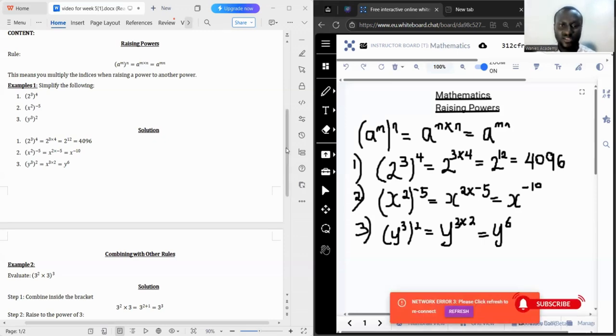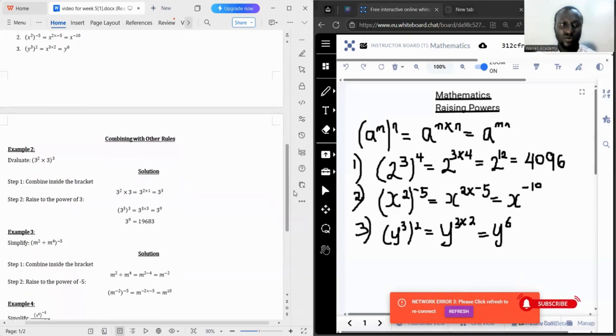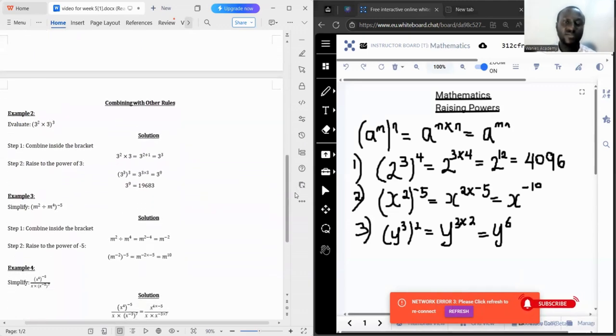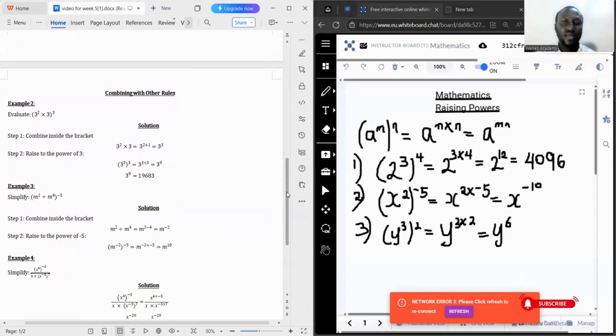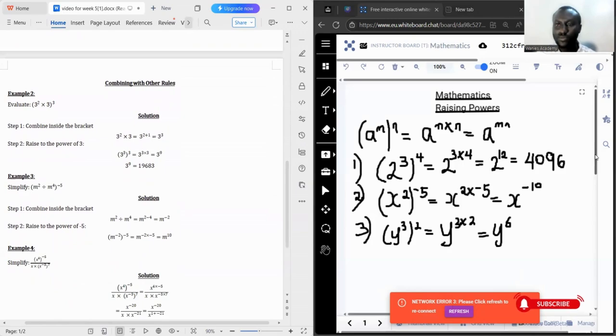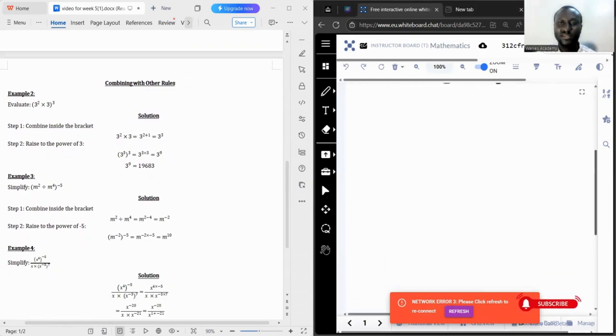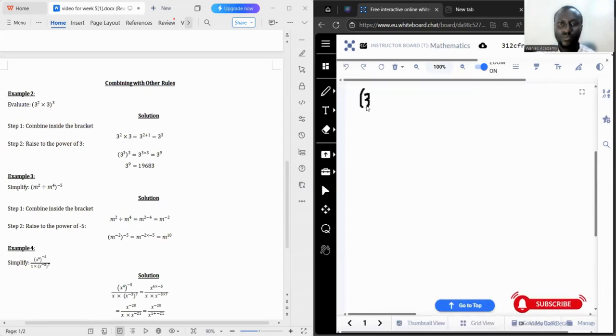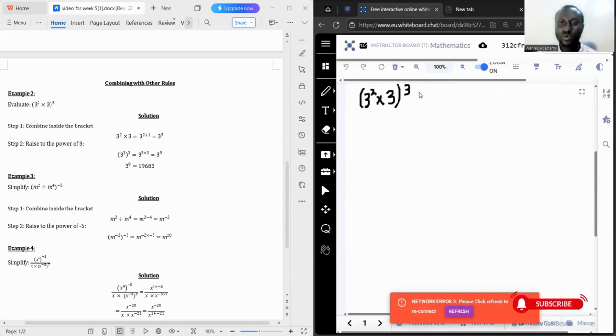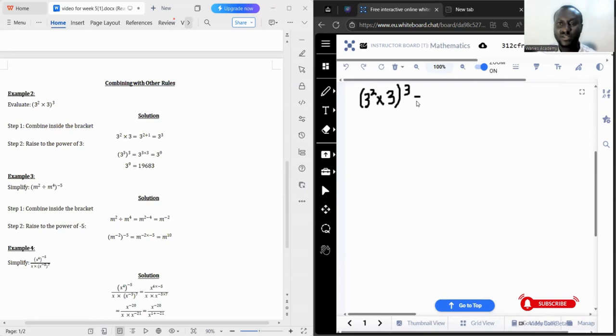We go to the next one, which is combining with other rules, that is the multiplication rule and the division rule. Example 2 says evaluate 3 raised to power 2 multiplied by 3, close bracket, then raised to power 3. In this case, we resolve what is inside the bracket first.